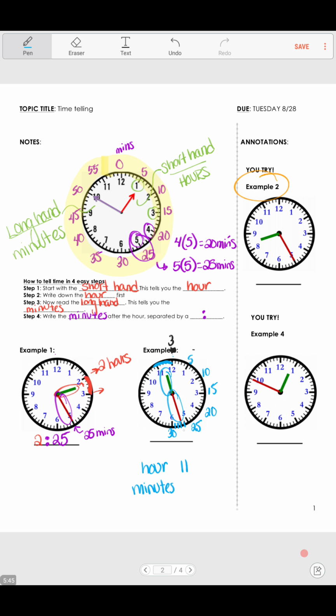So we are on minutes 27. And how do we write that? Hour goes first, colon in the middle, then minutes. So this clock is reading 11:27. Now you try example number 4.